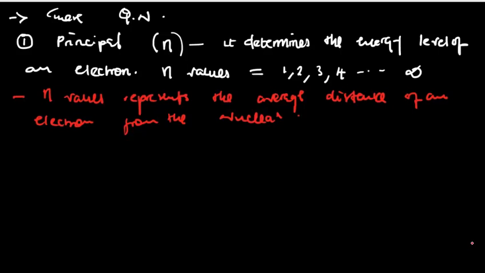If the n value is big, it means the electron is further away from the nucleus.